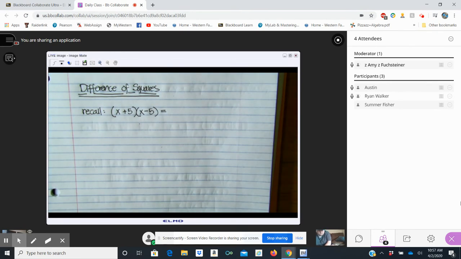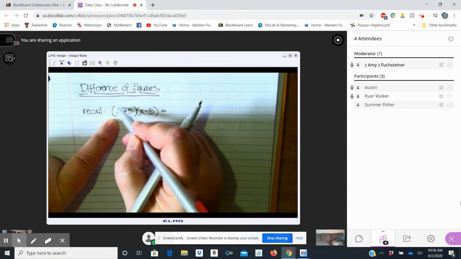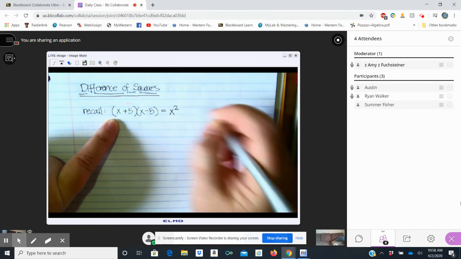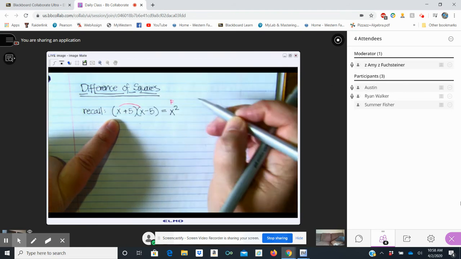So remember when we were multiplying in the last chapter, and if we had, say, an x plus 5 multiplied by an x minus 5, we do the first, and that would get us an x squared, right?